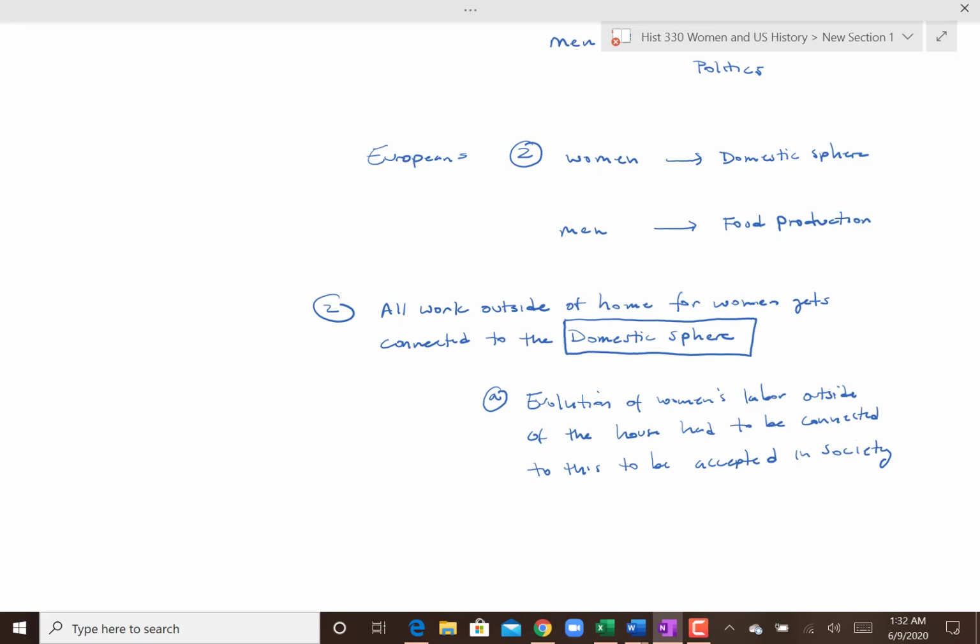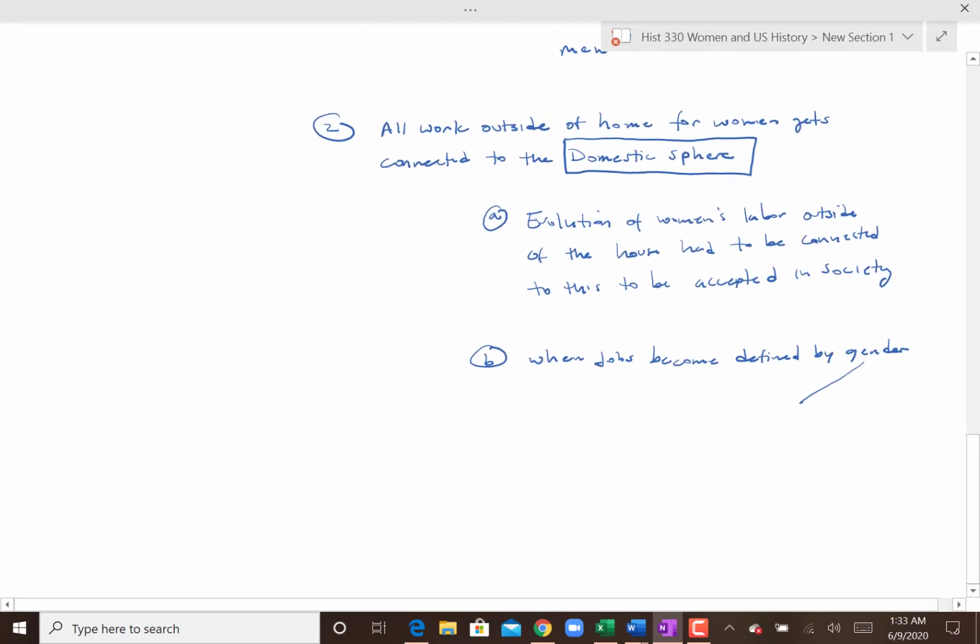The other part of the division of labor, which we could put under domestic sphere because it is important, goes with both the overall idea of sexual division of labor and also the domestic sphere, is that when jobs become defined by gender, specifically once they get assigned, put it here.